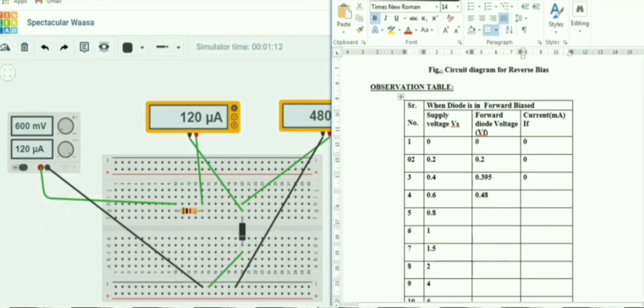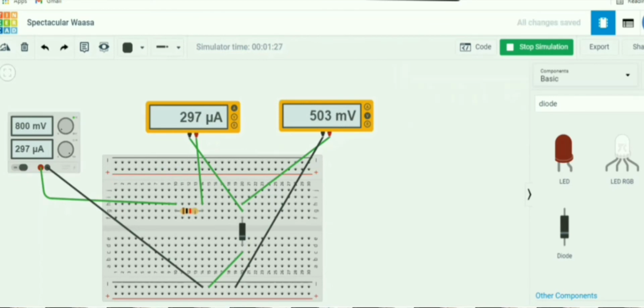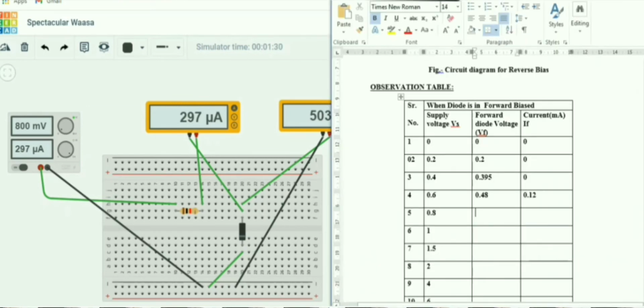Here current starts to increase. Then the next reading for 0.8 volt: voltmeter shows 0.5 and current meter shows 0.297 milliampere.